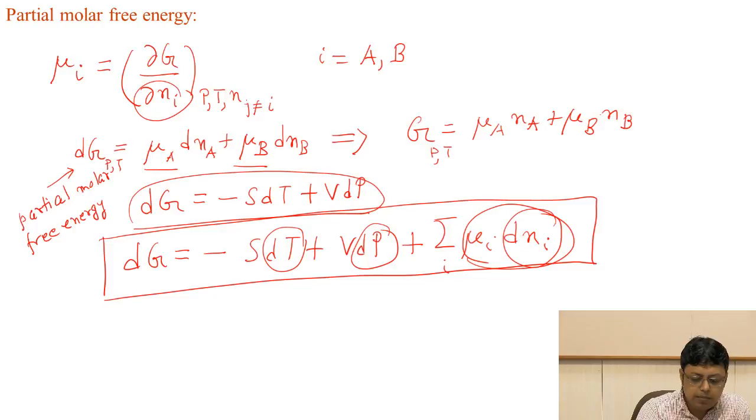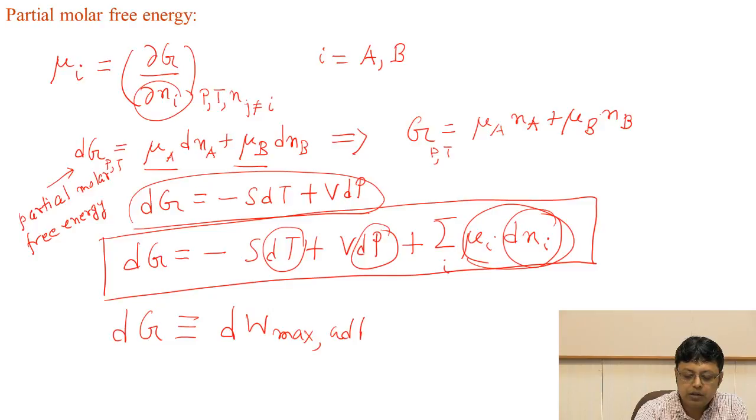Now remember that we also discussed that dG can be equated to the maximum additional work. By additional work, we meant non-PV work.